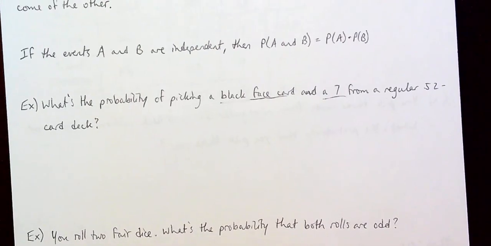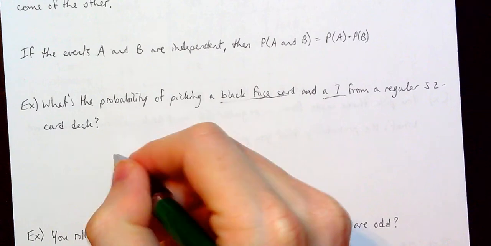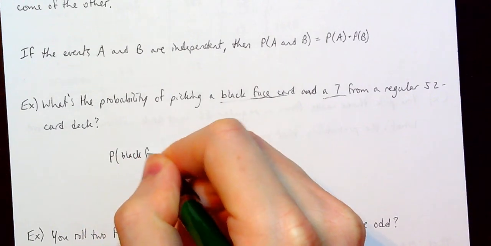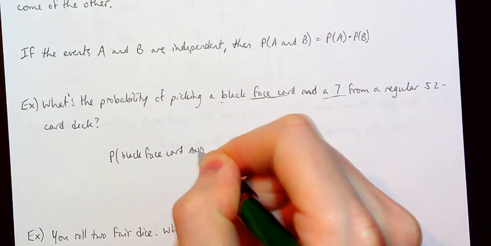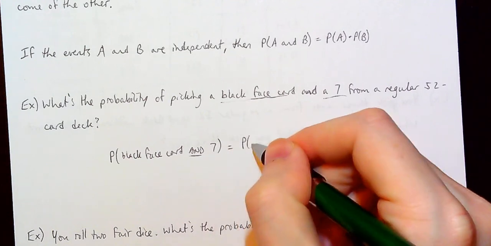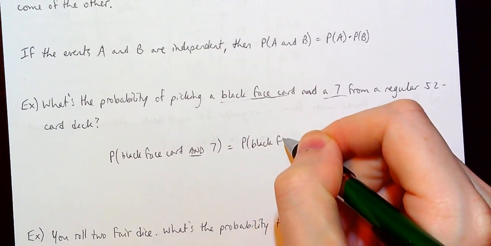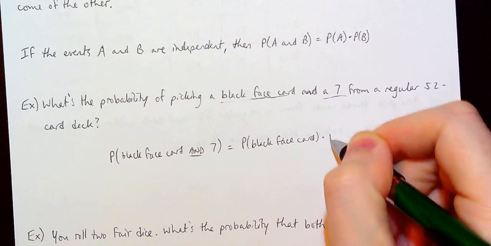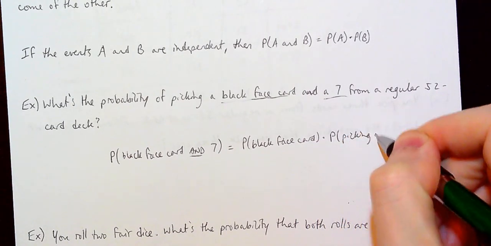So the probability of picking a black face card and a 7, so P of black face card and 7, is equal to the probability of picking a black face card times the probability of picking a 7.